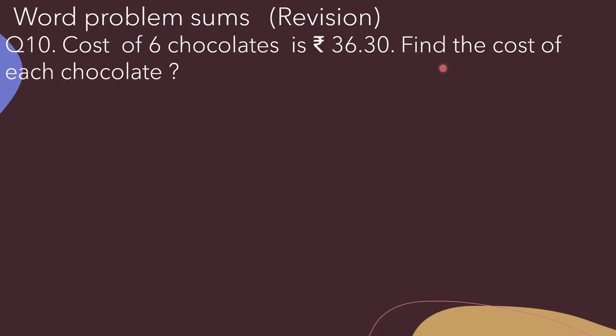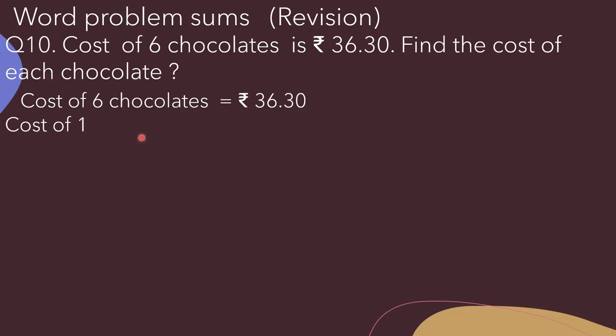So whenever we have given information about many and we have to find out for one, we need to divide the given amount by the given number. So the cost of one chocolate is equal to rupees 36.30 divided by 6.